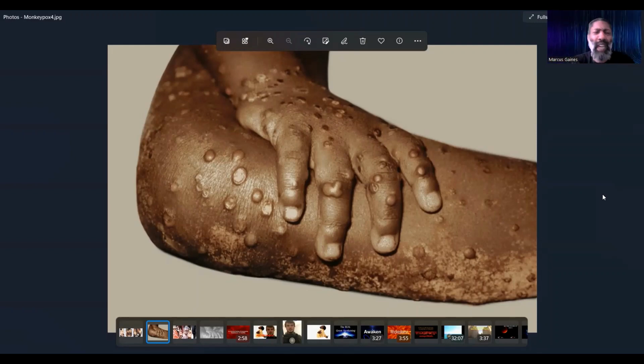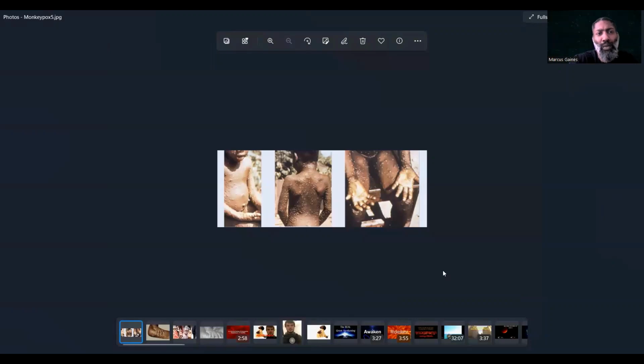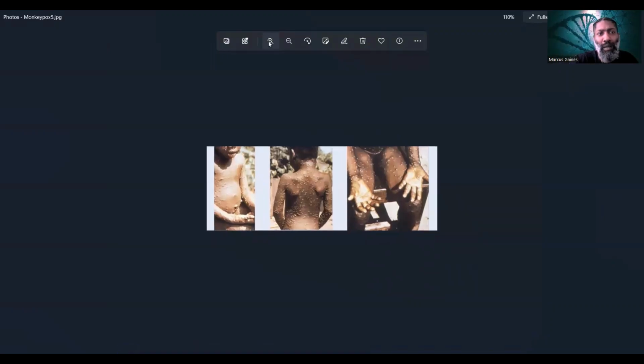It's got all the signs and symptoms of a leprosy, a plague. That's exactly what our forefathers would have said. Let's look at one more. I'm going to zoom in a little bit.